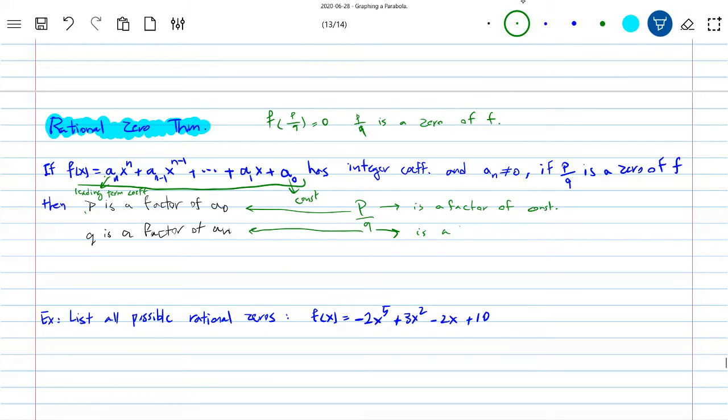Q is a factor of the leading term coefficient. This only gives you the possible zeros. It's not like every number is going to be a zero. You may not get any zero in terms of rational numbers. But if there is a rational solution, it should satisfy this property. And we use this to list the possible rational zeros. We go through those rational numbers to see if we find a zero or not.